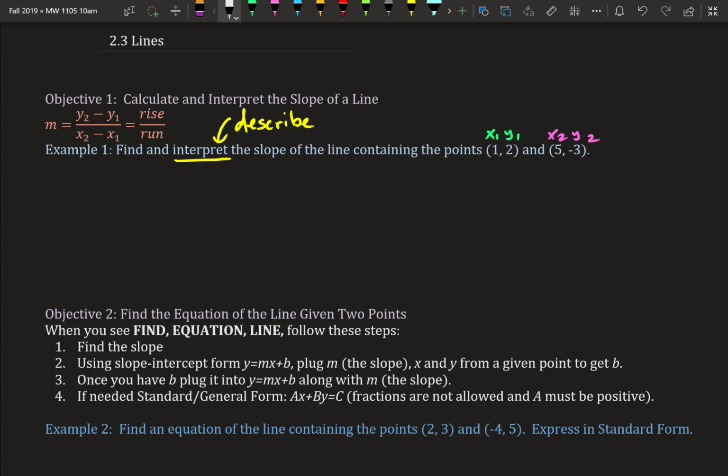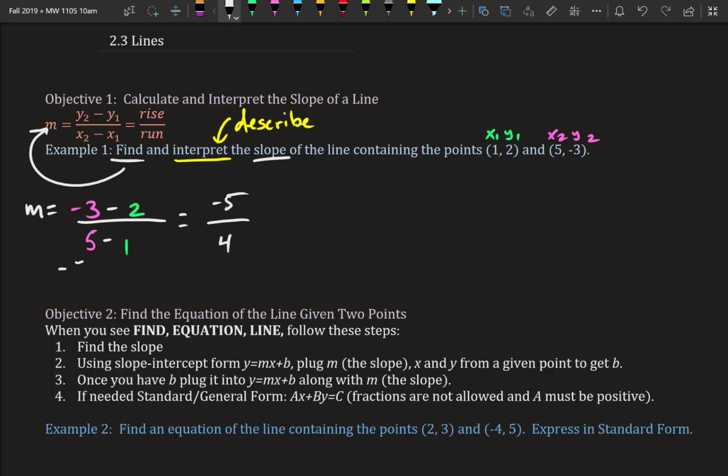To find the slope, we use the slope formula: m equals y2, which is negative 3, minus y1, which is positive 2, over x2, which is 5, minus x1, which is 1. Simplify: negative 3 minus 2 is negative 5, and 5 minus 1 is 4. And that is our slope.